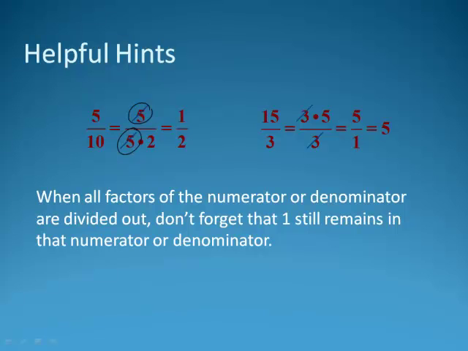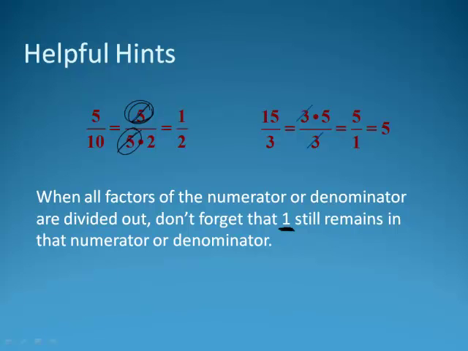But if everything cancels out, or if all the factors of the numerator and denominator are divided out, there is a 1 that is still left. Not a 0, and you can't just ignore the numerator or denominator. You do need to put a 1 in. So here, notice that our 5s cancel out.